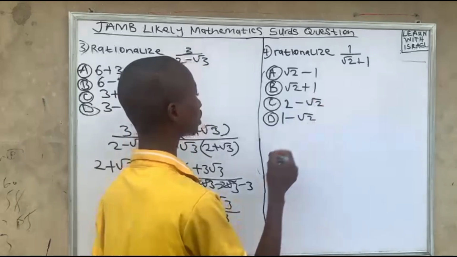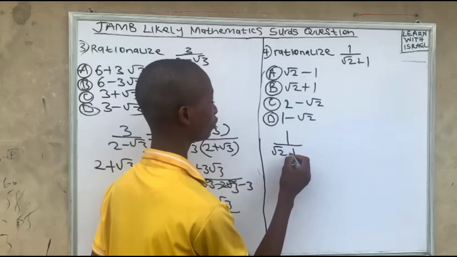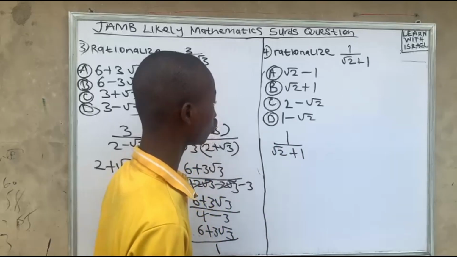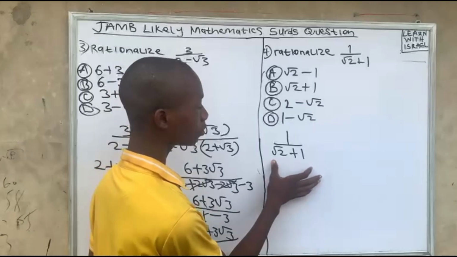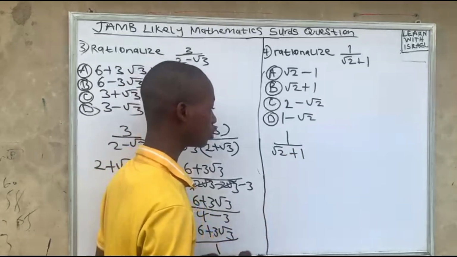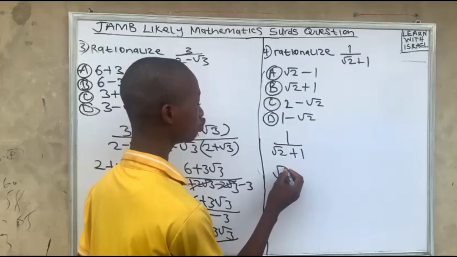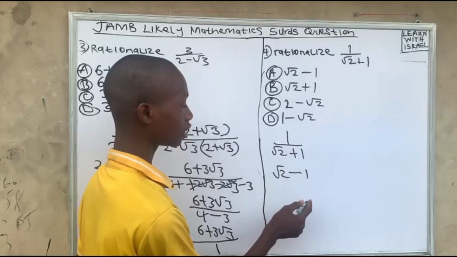So let's rationalize 1 over root 2 plus 1. To rationalize this, we are going to multiply the conjugate with the numerator and the denominator. The conjugate for this one is root 2 minus 1.